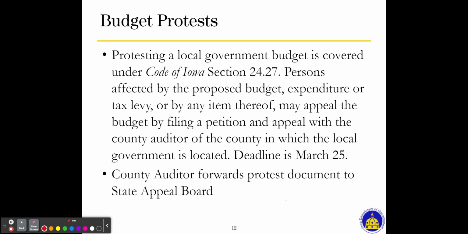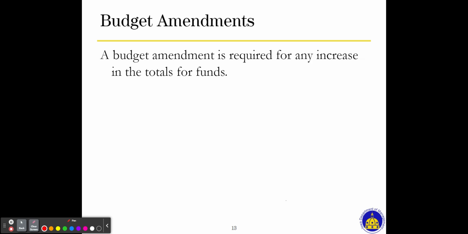Information would be gathered from both sides of the issue, and the State Appeal Board would then render a decision on the appeal. And they can, if deemed appropriate, decrease tax asking and expenditures.